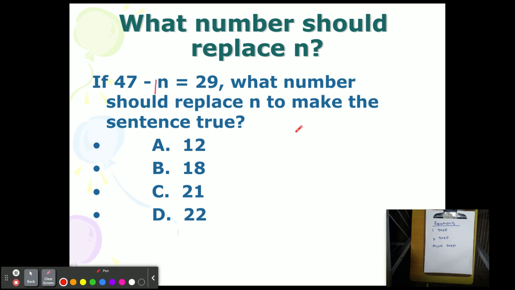So let me just show you how this would work out. My handwriting is just not that good on here, so I'll just do the best I can. So I'll write out the problem first. 47 minus n equals 29.